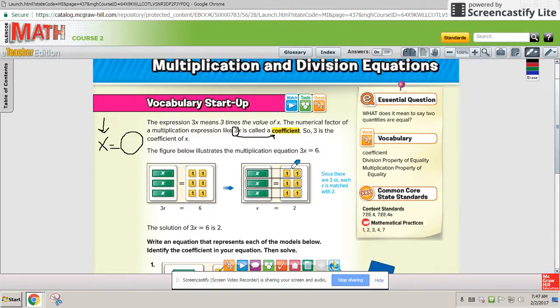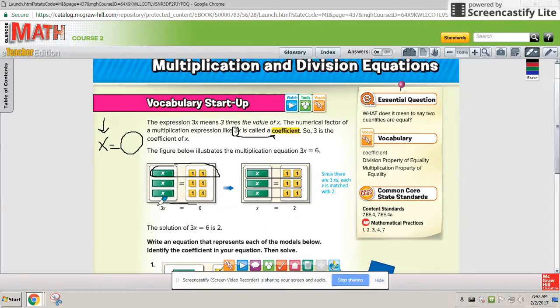So mathematically speaking, we are going to have to divide this whole thing by 3. We're going to divide it into 3 equal parts. And as you can see, that's why they circled these 3 equal parts. When we divide this whole thing by 3, each group is equal to 1x equals 2.